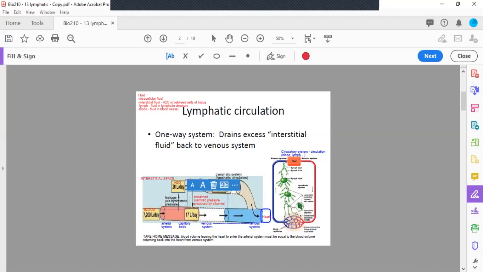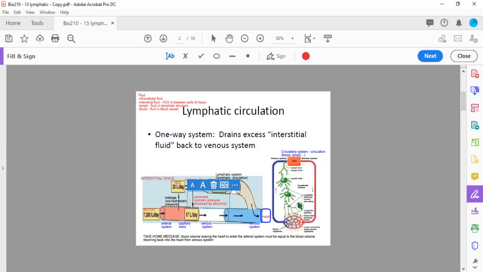Now, inside the capillary, you have albumin, and the albumin produces osmotic pressure, which helps to reclaim 17 liters of water. So it's not the whole 20 liters that is being lost. You only reclaim 17 of the 20 liters, which means there's a net loss of 3 liters of water stuck within the interstitial space.